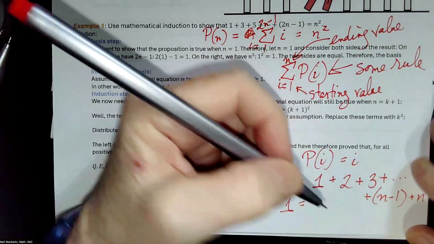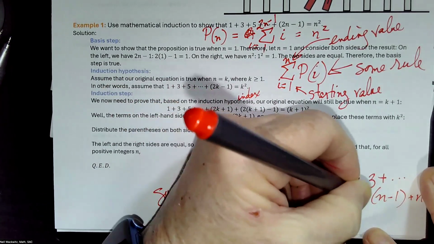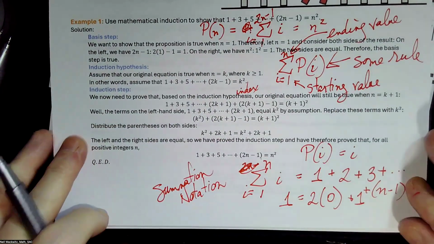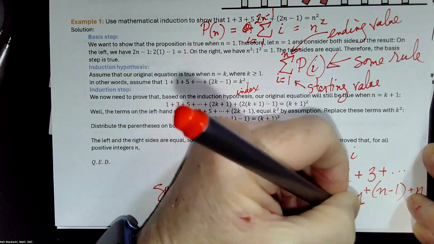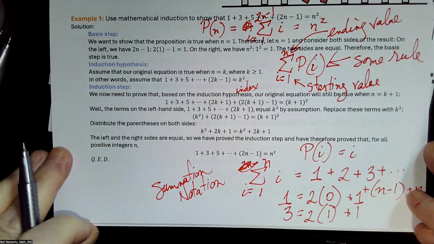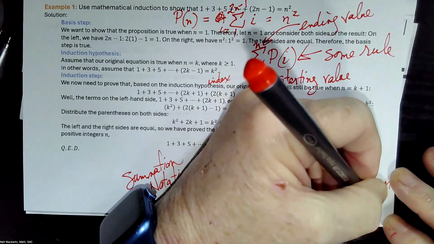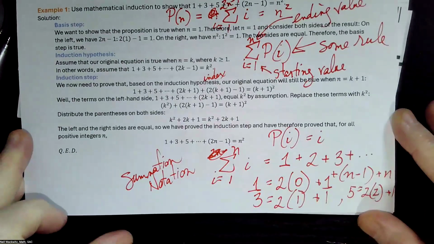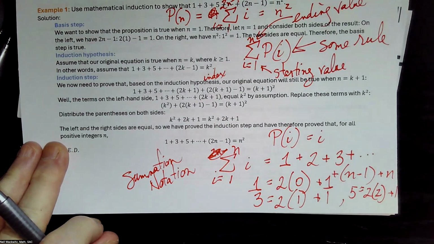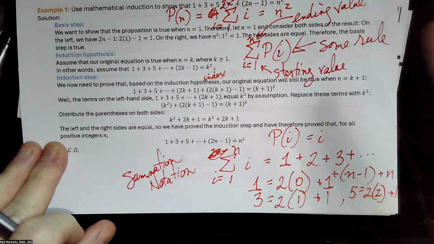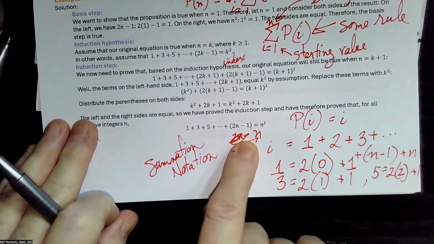I can think of 1 as 2 times 0 plus 1. And I can think of 3 as 2 times 1 plus 1. And 5 as 2 times 2 plus 1. And so the highest number, 2n minus 1, will be represented by n.